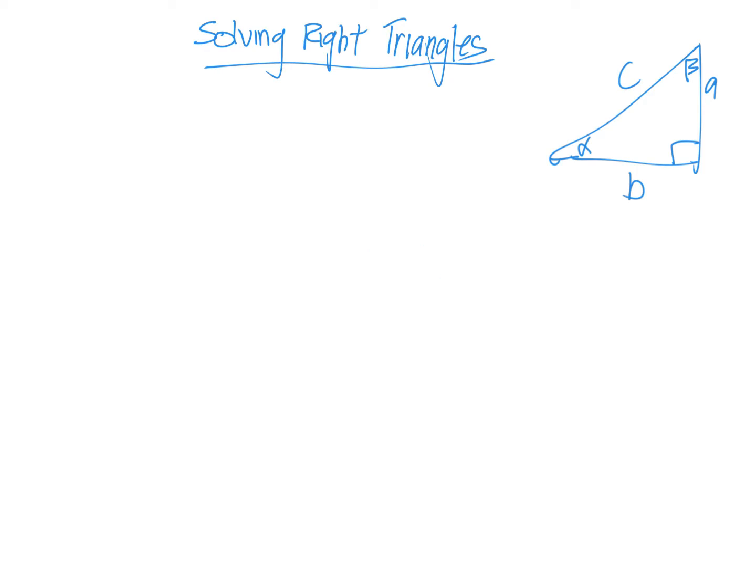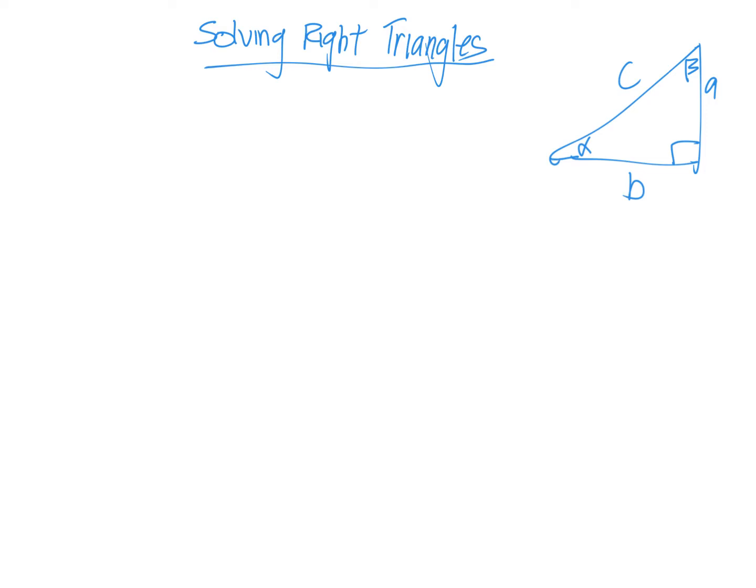Now we're going to talk about solving right triangles. So let's consider this right triangle, where the base angle is alpha, the angle on top is beta, our length on the bottom is b, our vertical length is a, and our hypotenuse is c.